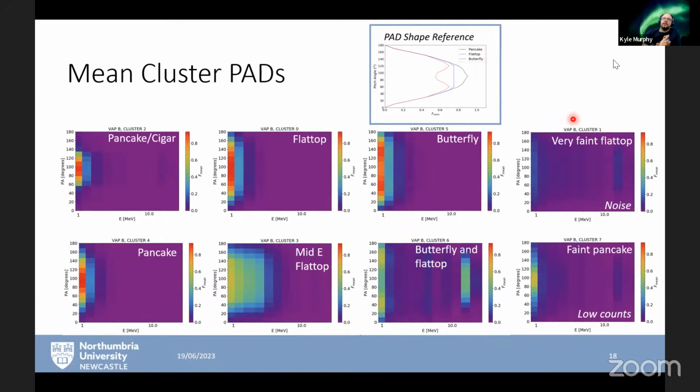Is it possible to get a pancake at low energies and a butterfly at higher energies? Or is the pitch angle distribution generally constant across energy? The pitch angles are done in bins, so they're measured across all energies. But as you can see in these diagrams, at very high, super relativistic energies, you're not really identifying much flux, and therefore you can't really see any sort of shape in the pitch angle. Does that make sense? Yeah.